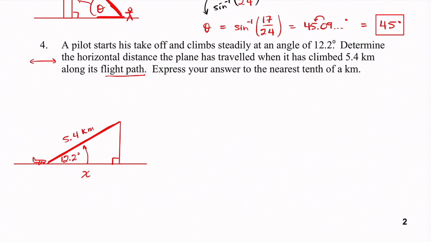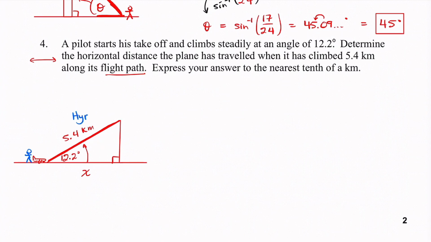Now that I got my picture, and we know we're standing in this corner here by the airplane, I can label my sides. So this really long side across from the 90, that is the hypotenuse. This close side, that is the adjacent or nearby side.